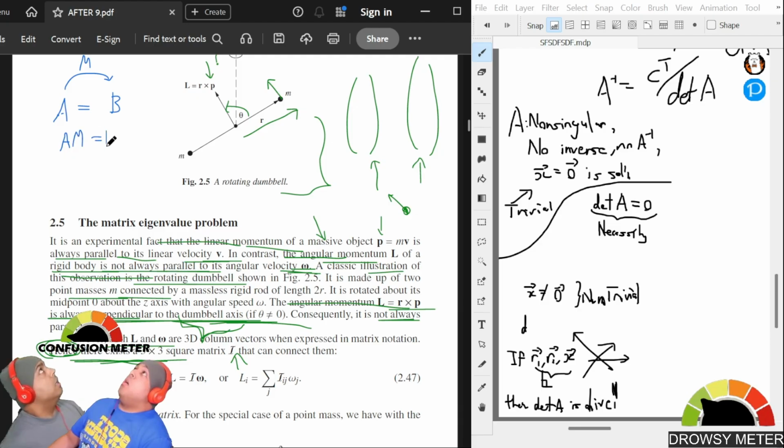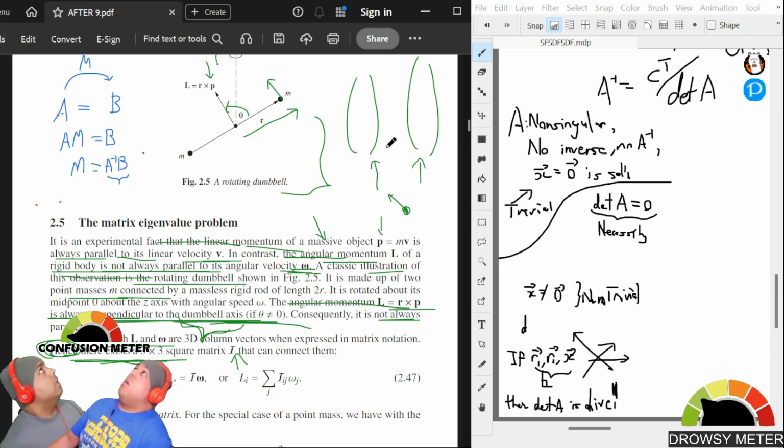AM equals B. M would be A inverse B. And this can only happen if A is invertible and if A and B can be multiplied, the dimensions allow it. I'm just parroting what Google told me, and it makes sense so far, right?